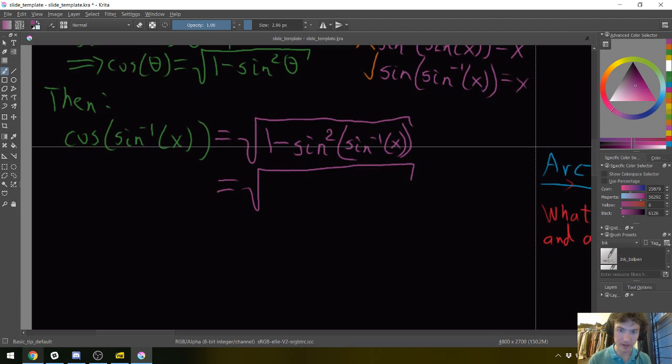Would it help if I wrote it out explicitly? I'm going to replace sine squared with sine of the quantity squared, so I'll use brackets. 1 minus sine of sine inverse of x quantity squared. Do you see how to simplify that now?